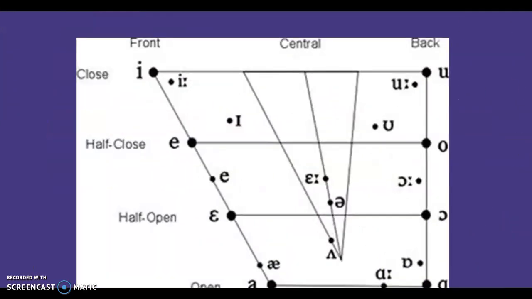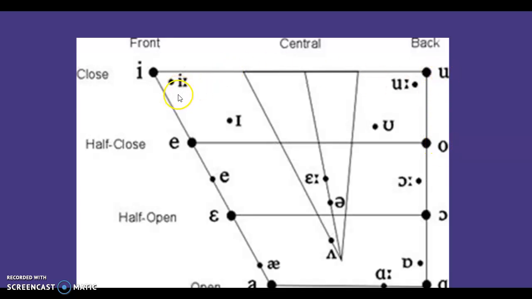Okay, so now you can see what I was saying as regards the proximity of these sounds to this reference. Remember that these are symbols that serve as a reference.